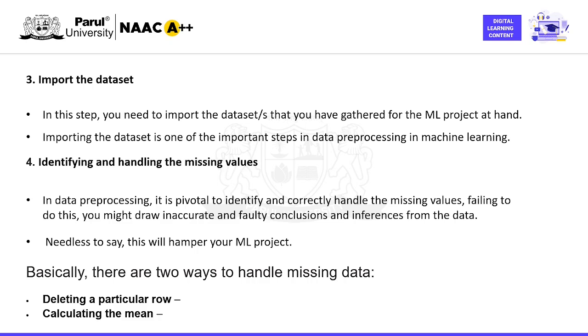The fourth one is identifying and handling the missing values. This one is a very important step for data pre-processing. All of you know very well, when we collect data from real world applications and any source, it is possible the data can contain missing values.